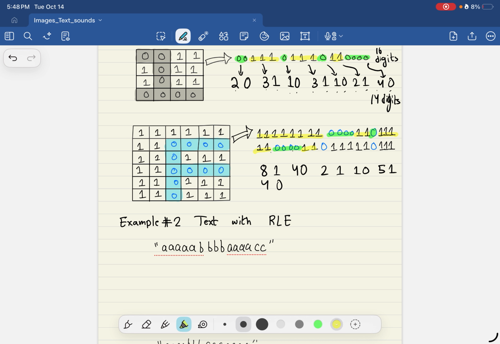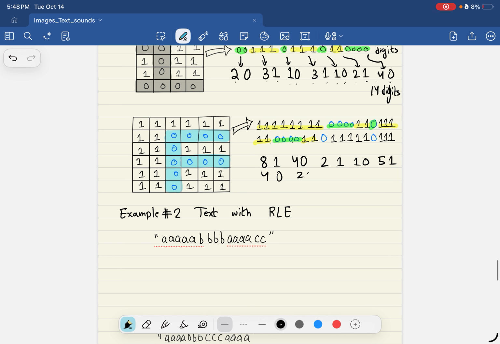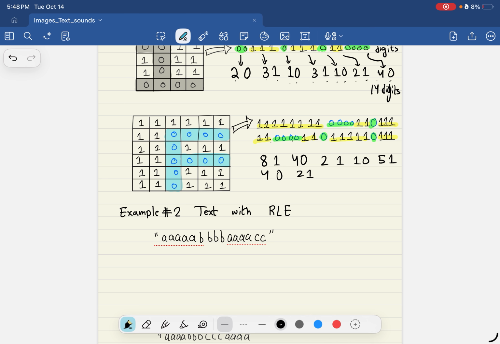Then there is going to be 2 ones, right? Again, by using the same idea, I'm going to complete this now. Alright, so there is again 1 0, and then after that there are 1 2 3 4 5 ones. Then there is 1 0, and then there are 3 ones.